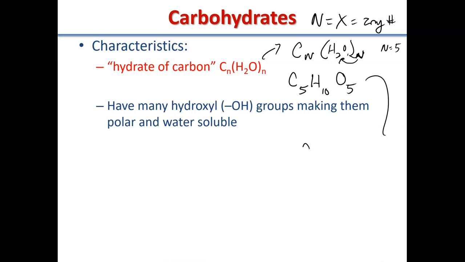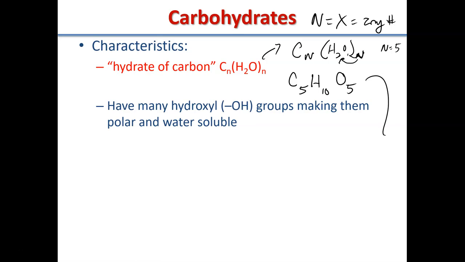Another example would be C20. C20H40, because that H2O, the 2 is multiplied by 20, and then the O20. C7H14O7. So anytime you see a carbohydrate, it needs to follow that rule.